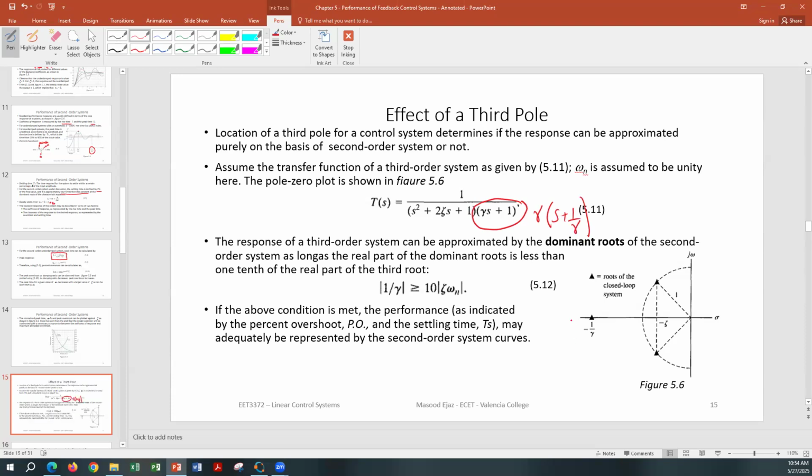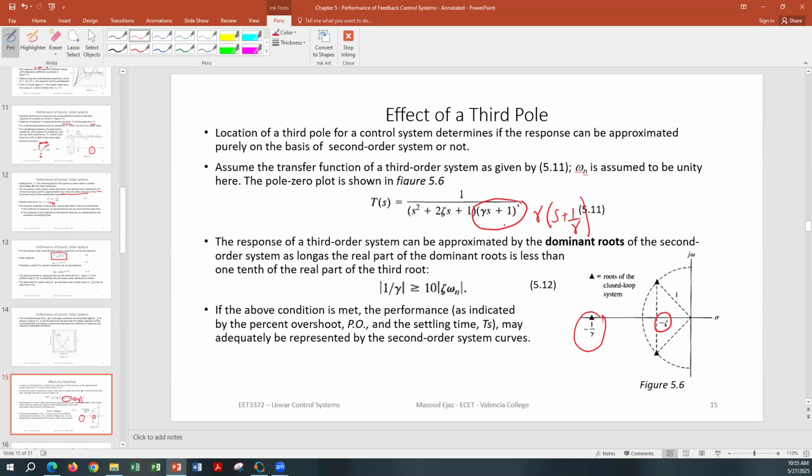So the whole idea is, if the root of this, or the pole basically, negative 1 over gamma, is far enough from zeta omega n, which is the time constant of the system. If it is far enough, again, I'm assuming omega n is equal to 1 in this case, so it's basically zeta. So if it is far enough from zeta, then the exponential function associated with this is going to die very quickly, because the time constant of that is going to be very short.